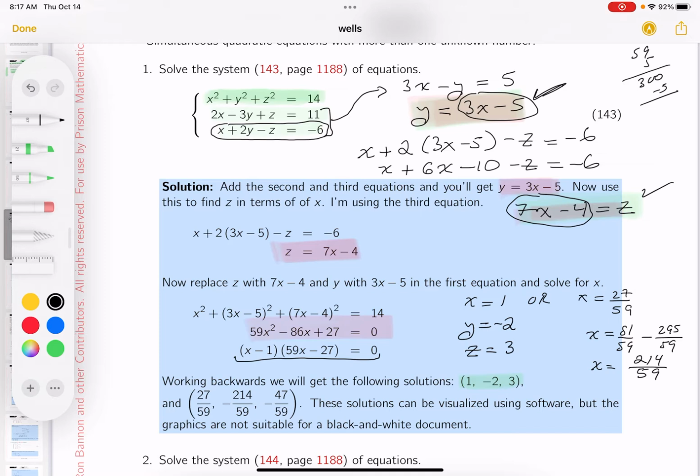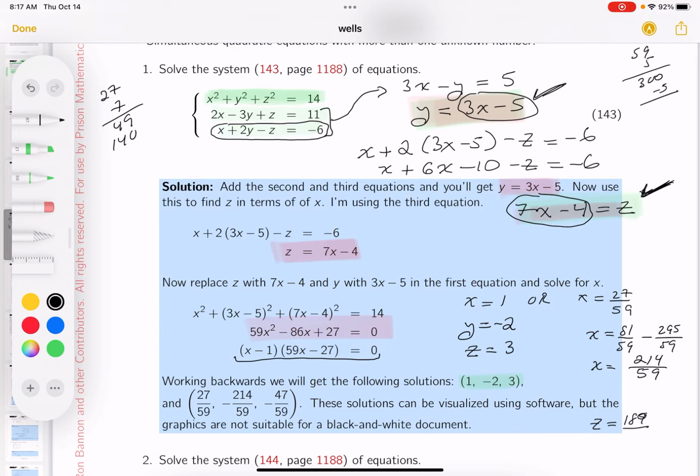Now let's do the z. And what's the z going to be? I'm looking at it over here. It's going to be 7 times 27. I'll write this over here for you. This is my chicken scratch. 7 times 7 is 49, and then 7 times 20 is 140. So 189. Whoops.